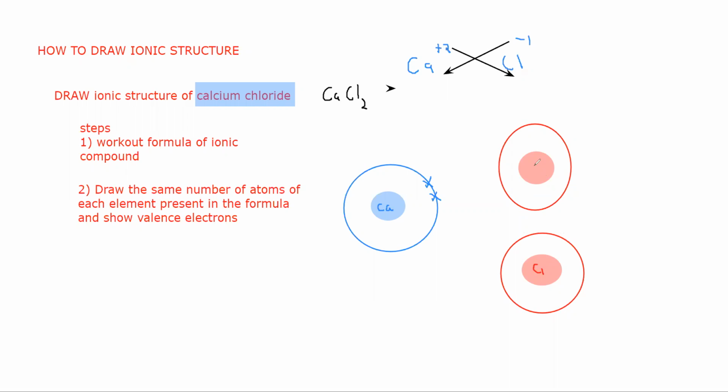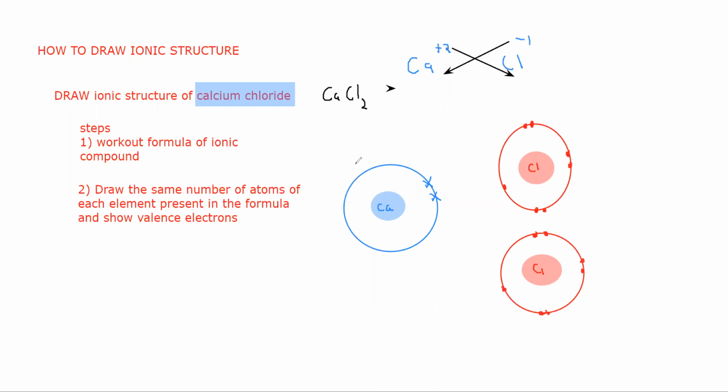These are the 2 chloride atoms. Chlorine belongs to group 7, so it should have 7 electrons. And if I use cross for calcium electrons, I should use dot for chlorine, different symbols. These are the last shells or valence shells.